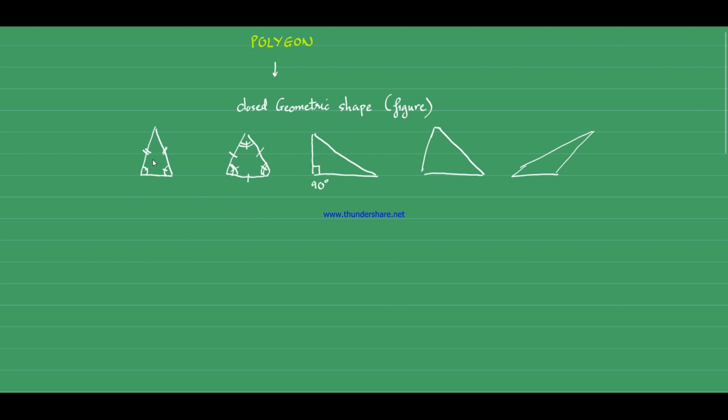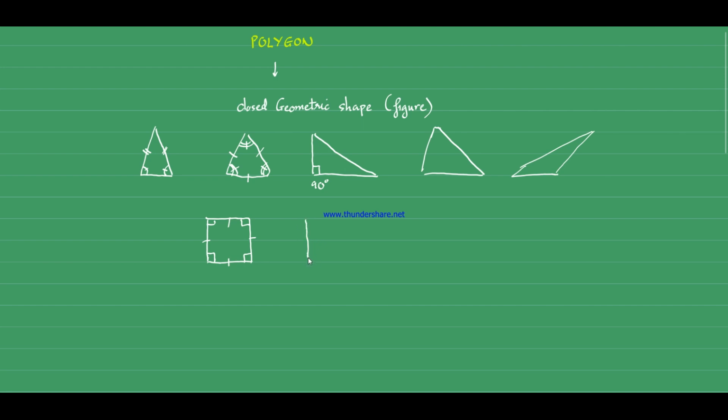Poly means many, so we have three angles over here. Or we have a square. All of the angles are 90 degrees, and all the sides are congruent to each other. And we have a rectangle, something that looks like this.